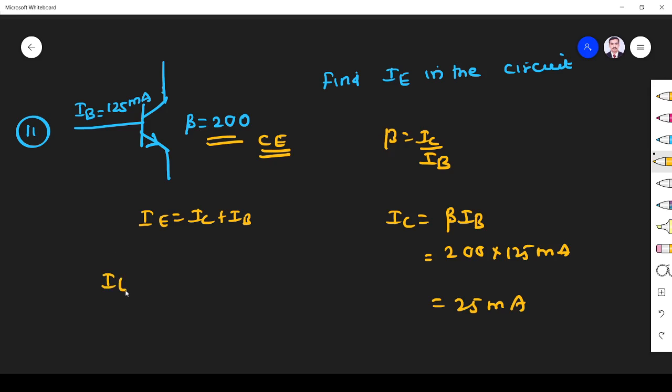So IE is nothing but 125 microampere plus 25 milliampere. Right. So the answer is 25.125, about 25 milliampere. Right. Okay.